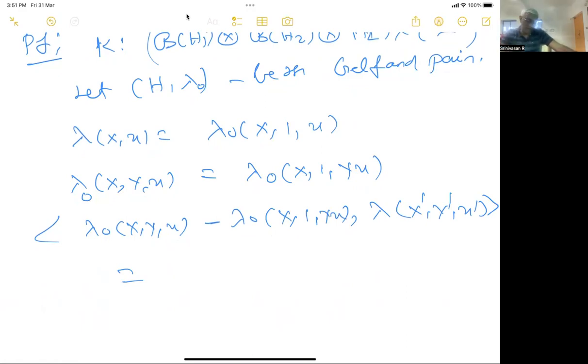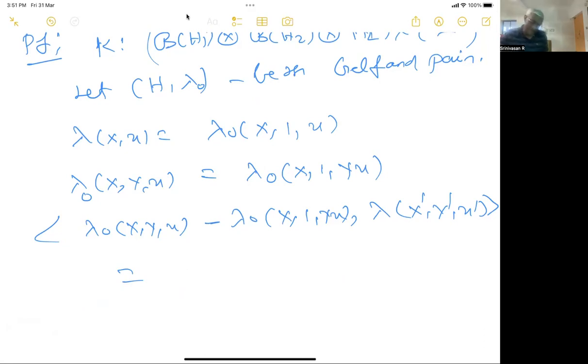This inner product will be the kernel given by x, y, whatever that is. You write that inner product, and that will be precisely the same as when you take the inner product with the next one. Whether y comes separately like that or y comes with u and identity doesn't matter in the kernel definition.